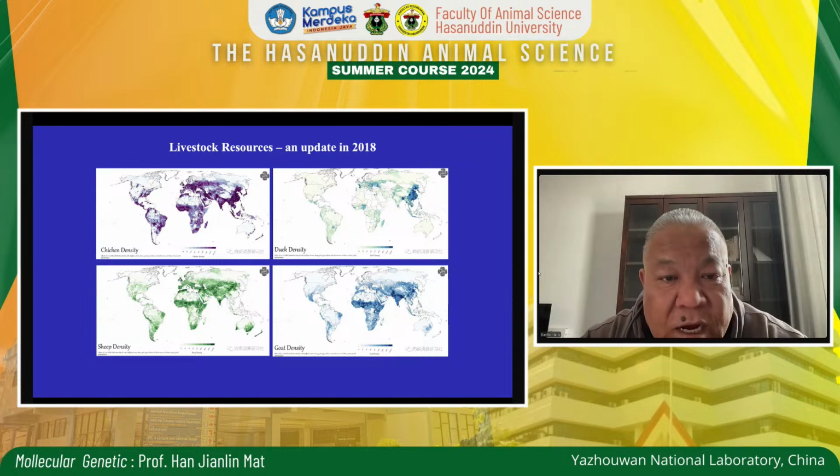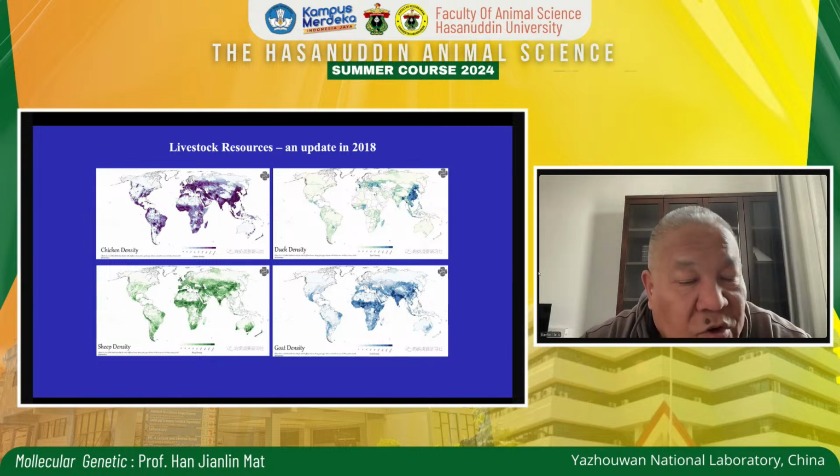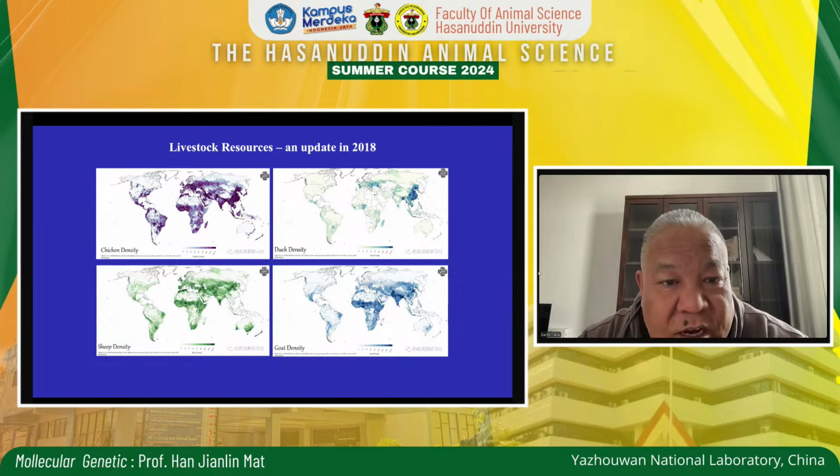I think some people could understand this. If we continue deforestation in Kalimantan, then definitely the natural grass, this feeding resource, will be reduced.